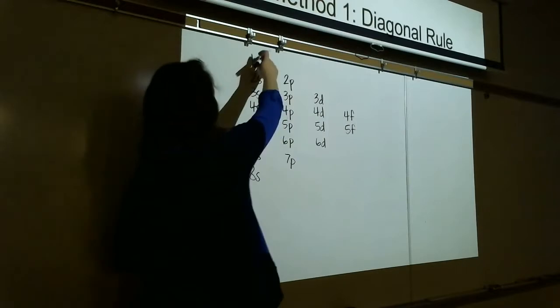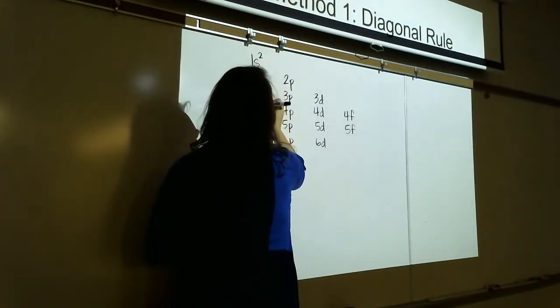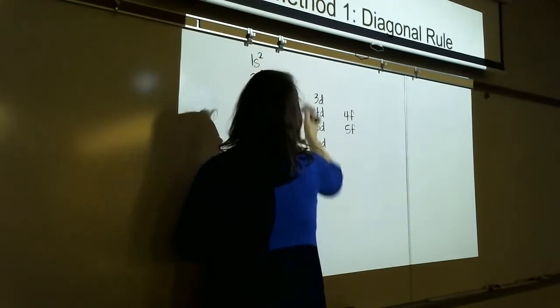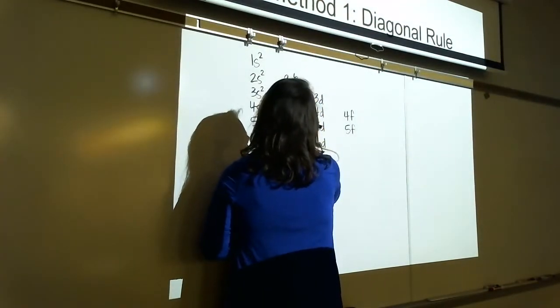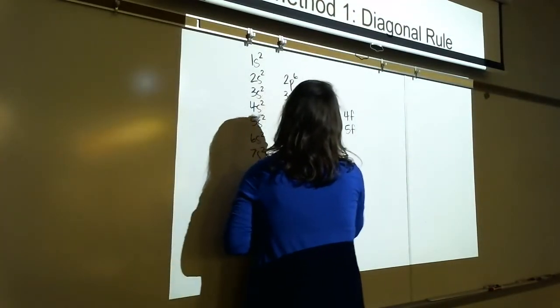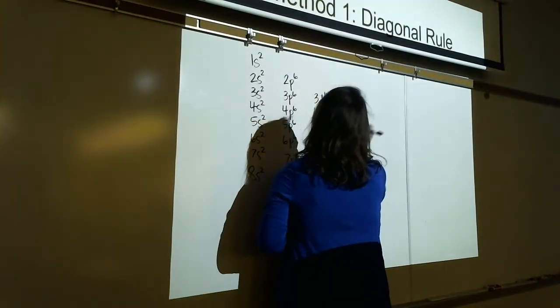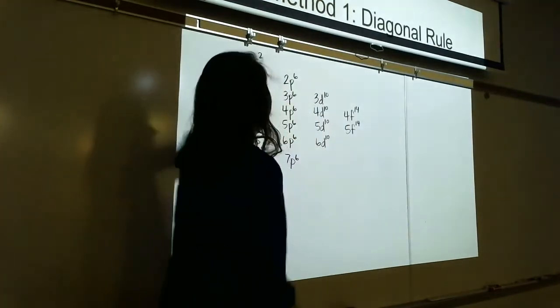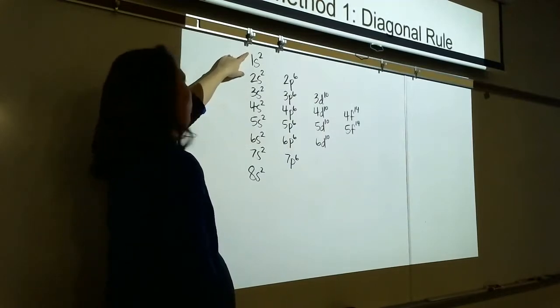So the first column all has the superscript of 2. Second column is 6. Third column is 10. Last column is 14.